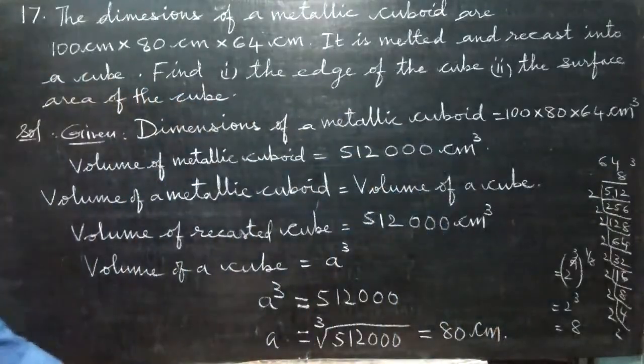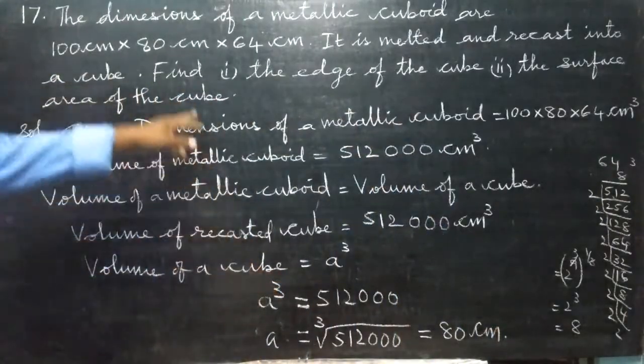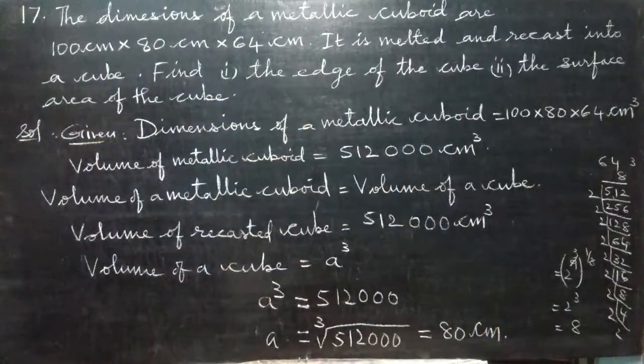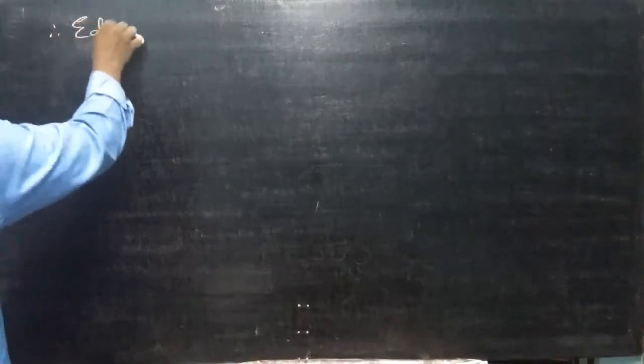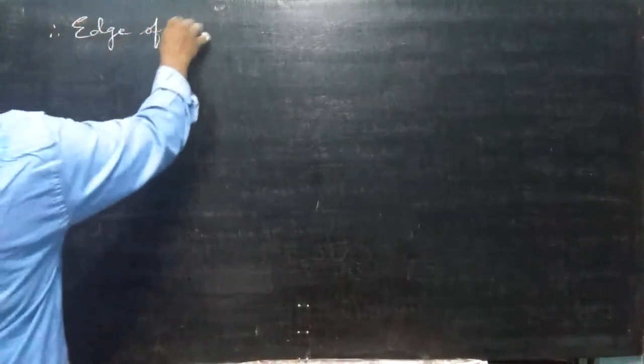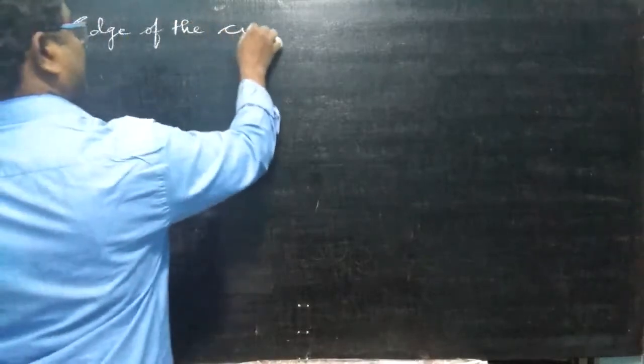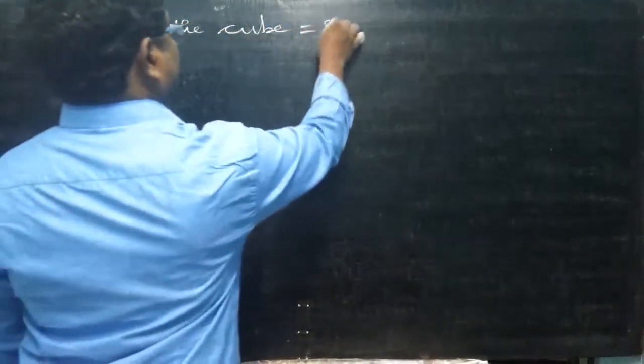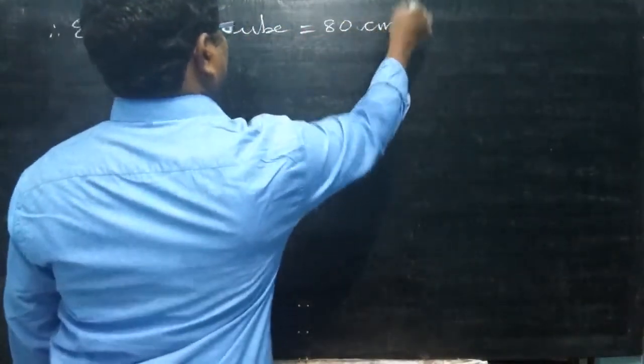What is this one? 80 centimeters means the edge of the cube is equal to 80 centimeters. Write that down. Therefore, the edge of the cube is equal to 80 centimeters we got.